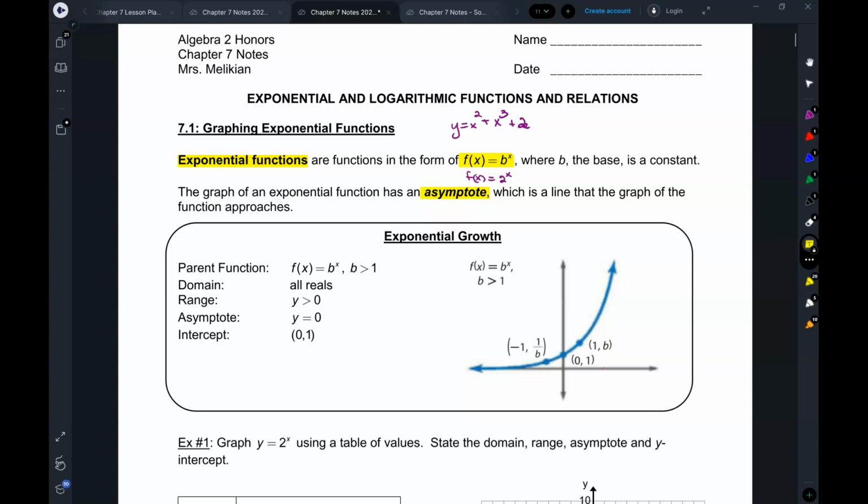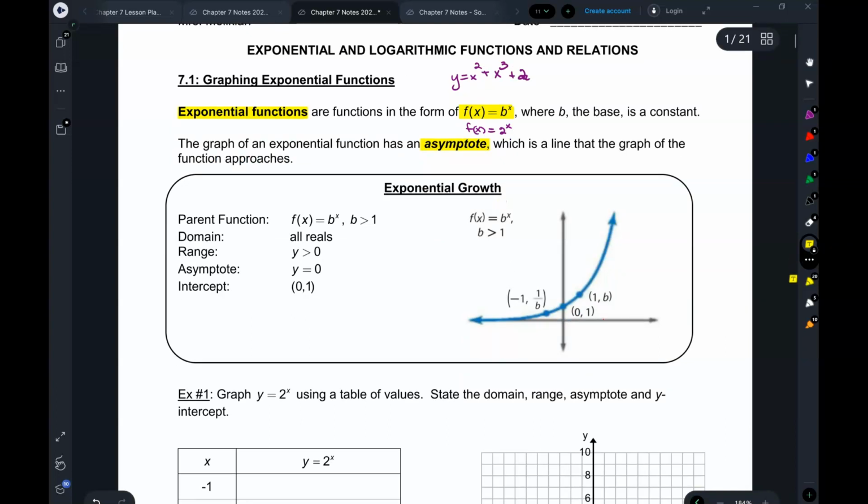All right, so let's go to specifics. The parent function of an exponential function is b to the x. The domain is always going to be all real numbers. The range, for the parent function, is going to be y is greater than 0, and the asymptote is y equals 0. However, if the asymptote changes, then the range changes along with the asymptote.